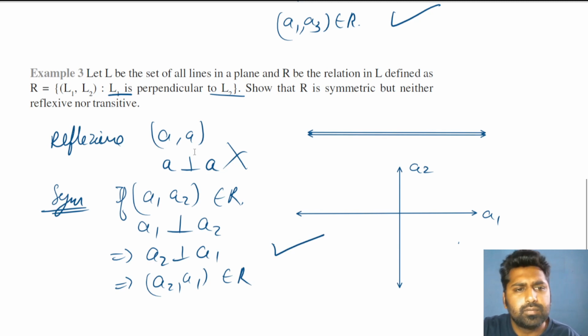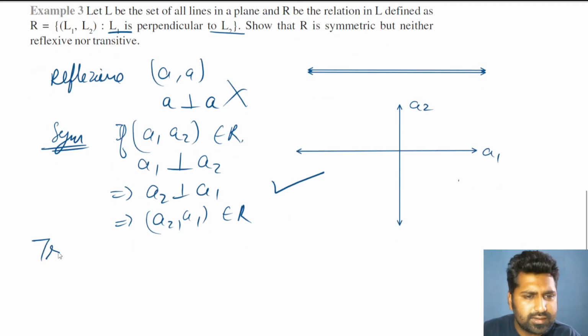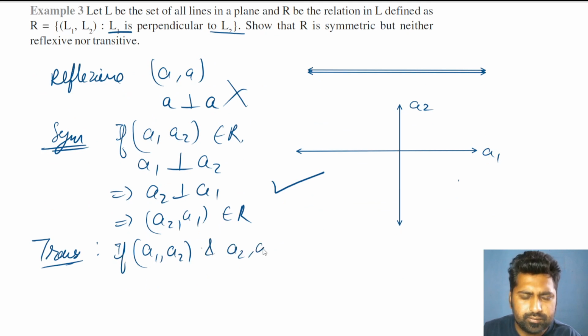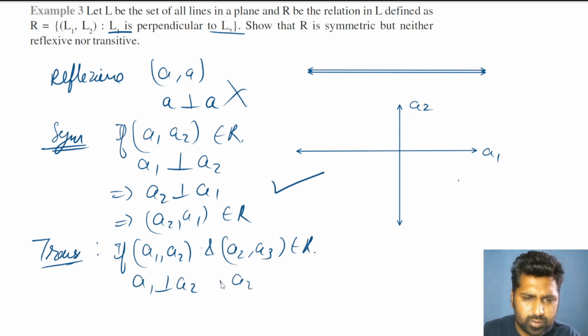Finally comes transitive. We need to assume two things: if (A1, A2) and (A2, A3) belong to R, that means A1 is perpendicular to A2 and A2 is perpendicular to A3. Let's draw it.